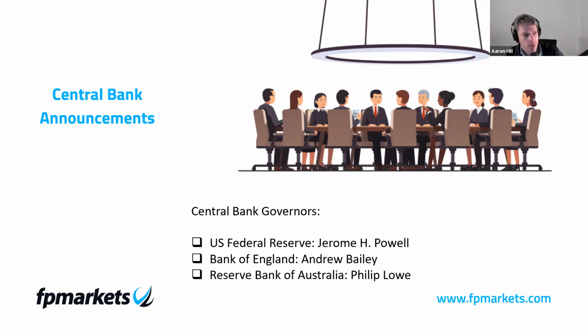Therefore, it's crucial that market participants, that would be us traders and investors, recognize how these meetings operate and understand the language they put forward. Just quickly, central bank governors, as you can see here, sit at the top of the central bank ladder. When they speak, you must listen, as these individuals are the ones delivering statements following interest rate decisions.